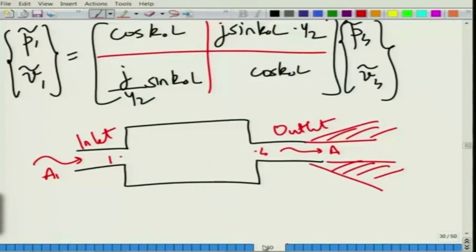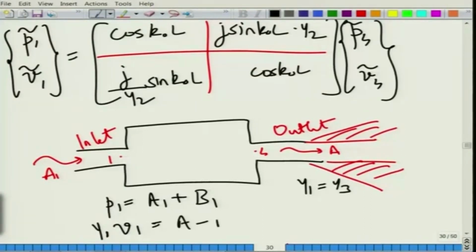Now what we would probably be doing is that P1 is equal to A1 plus B1, and V1 into Y, let us call this Y1, is A1 minus B1. Let us assume the diameters of the inlet and outlet ports are the same, so Y1 is equal to Y3, and B3 is 0. So, P4 is just A3, and V4 into Y3 is just A3.